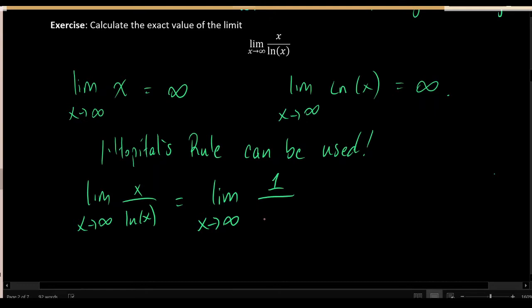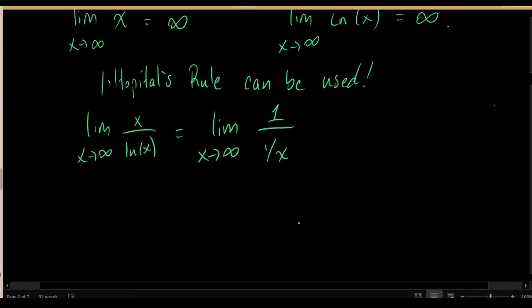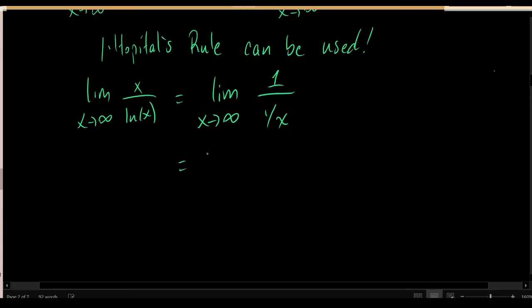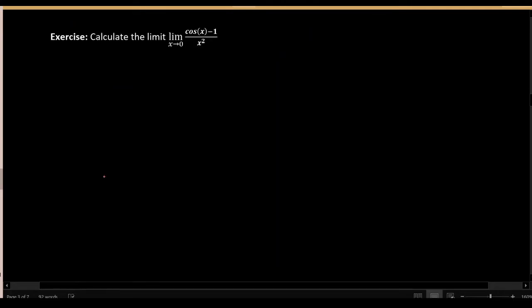The derivative of natural log of x equals 1 divided by x. So if we simplify this, we get the limit as x approaches infinity of x, which, as we know, is definitely going to be positive infinity.